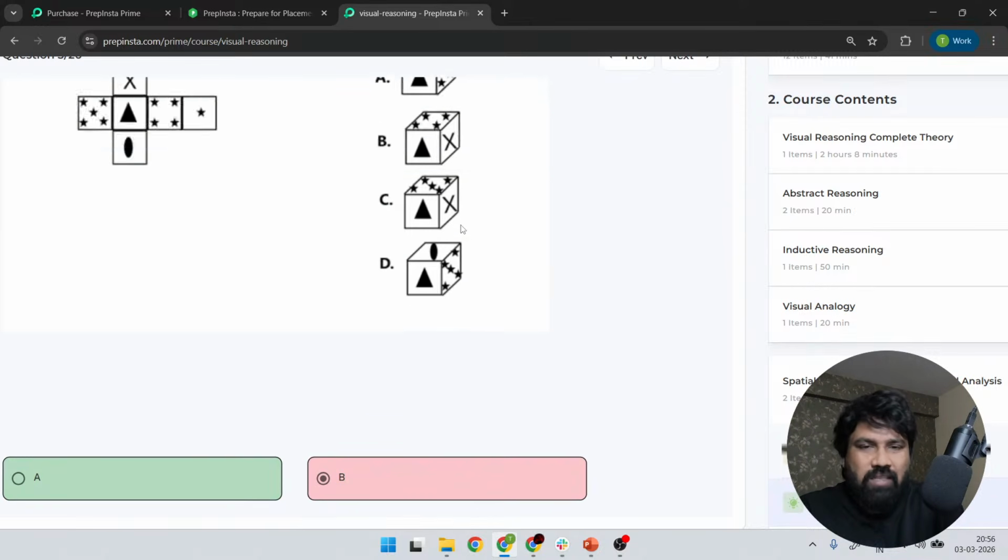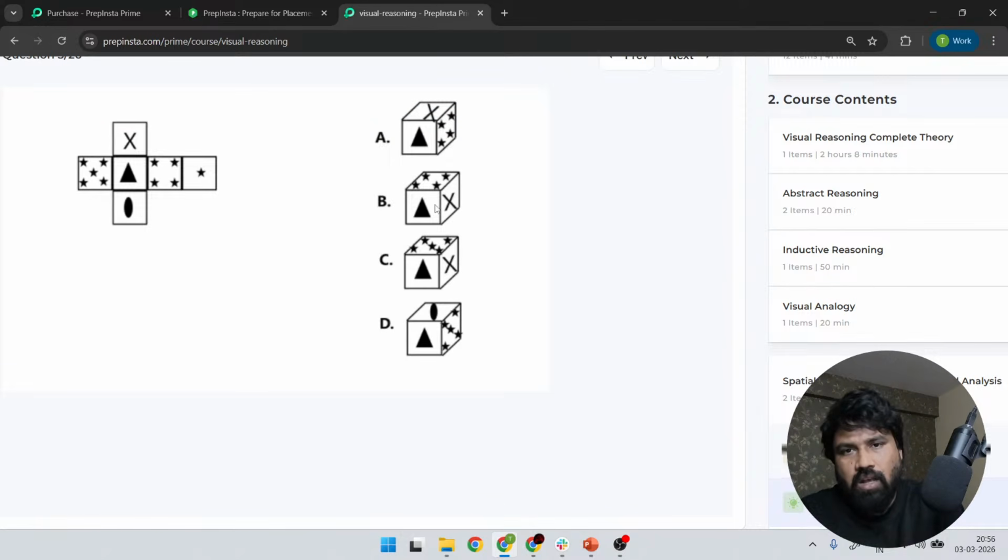So A will be the answer. And see, 4 stars on the sliding side of the triangle, but here it came on the corner of the triangle. So actually it is not opposite faces oriented, it is positional oriented. Okay, so I forgot to tell you about this.